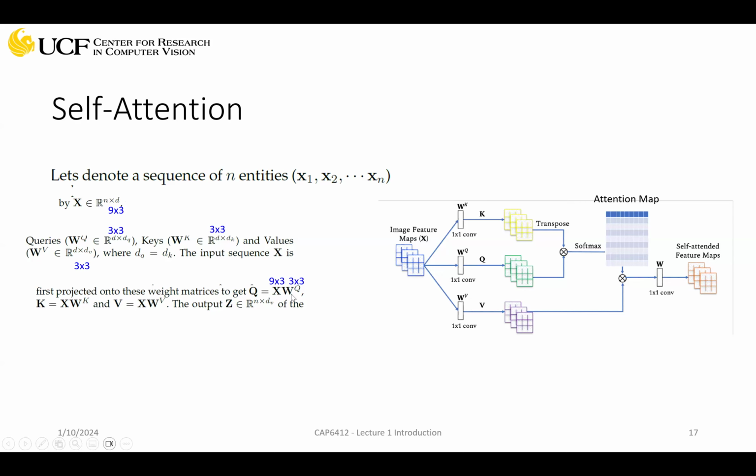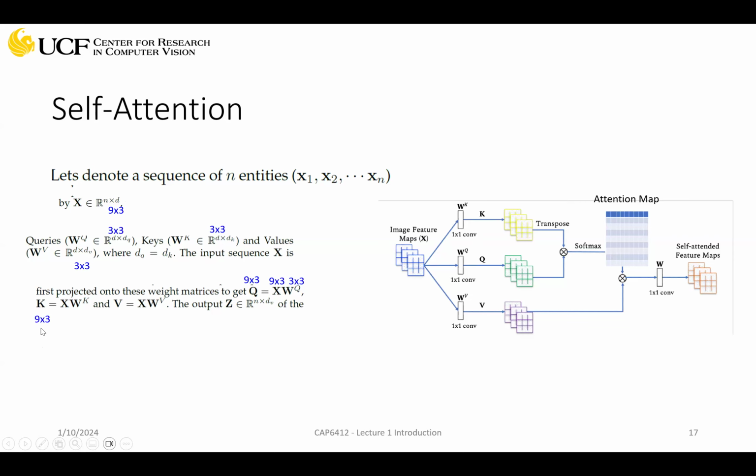As you see, WQ is 3 by 3, because we have 3 filters: 1 filter for the first channel, a second filter for the second channel, and a third filter for the third channel. Therefore, Q is obtained by multiplying WQ, which is a 3x3 matrix, with 9x3, which is our original X. Similarly, if you multiply a 9x3 matrix with 3x3, we'll get 9x3.